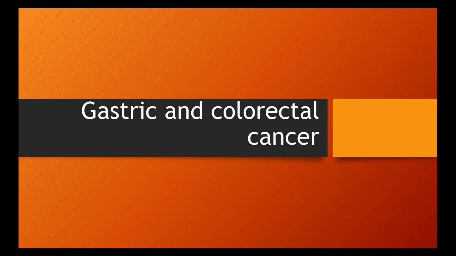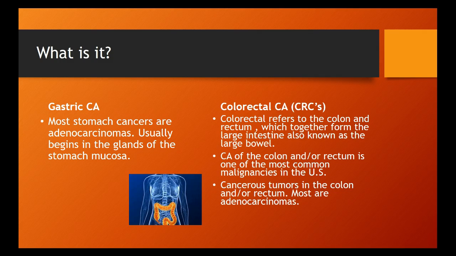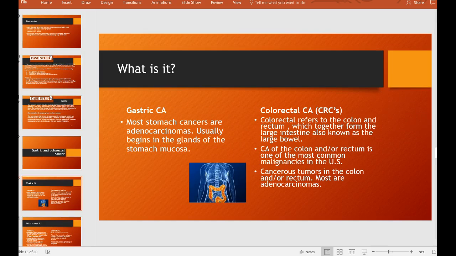So let's move a little further south and talk about gastric and colorectal cancers. What is it? So gastric cancer is stomach cancer, and they're typically adenocarcinomas. So let's go back and look at what makes up adenocarcinomas.